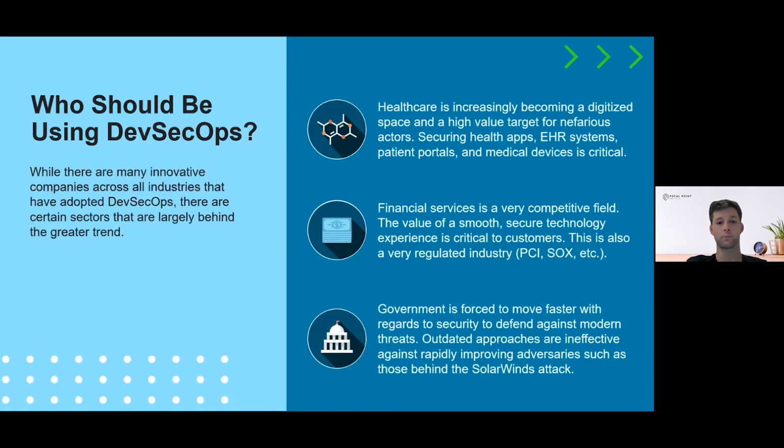It's just become more important than ever to address security concerns in healthcare. And DevSecOps can help empower these healthcare providers to develop their applications at speed while also developing them with the appropriate security controls in mind that allow them to comply with regulations such as HIPAA.